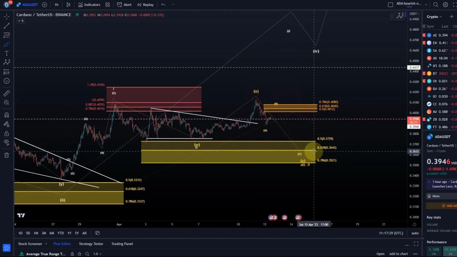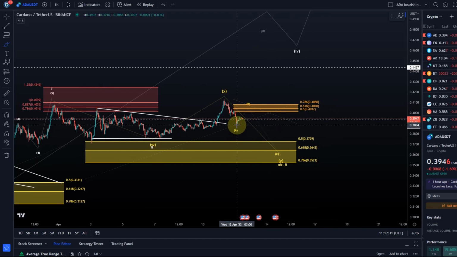So what I've done is labeled this A now, because we see some upside. We see a bit of a reaction here, a pullback to the upside. I've added B wave resistance. This is the typical resistance you would expect a B wave to get into, between 40.1 cents and 40.8. And then from there, ideally, if this is the correct pattern, you would see a C wave down into the yellow box.